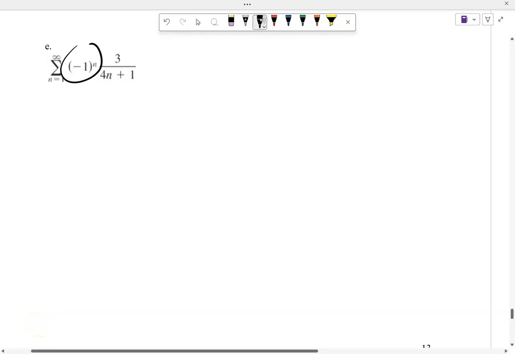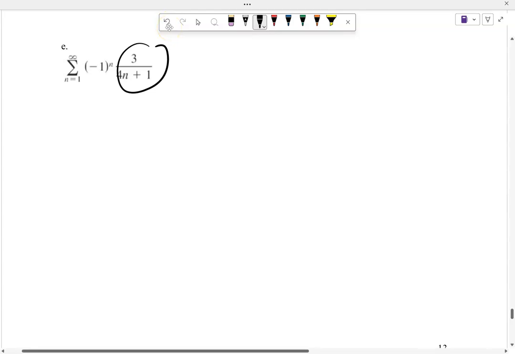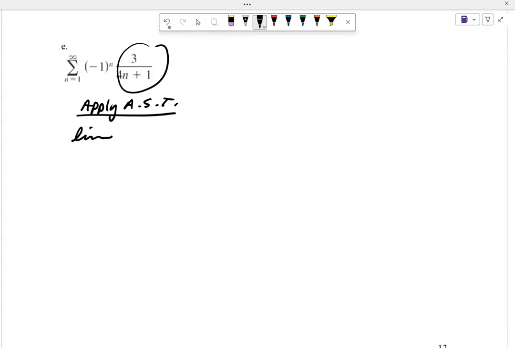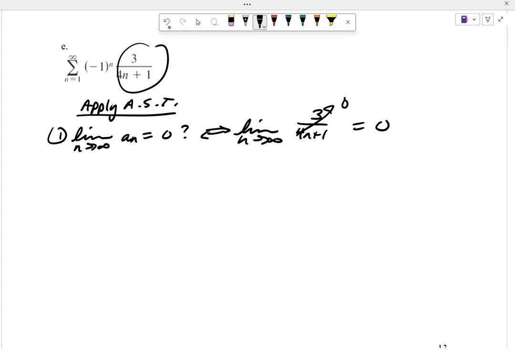Now hopefully you see this is alternating on that. So we're going to run the alternating series test. So first of all, is the limit as n goes to infinity of An equal to 0? Let's see, 3 over 4n plus 1. Yeah, that goes to 0. So this equals 0, check mark, that's true.